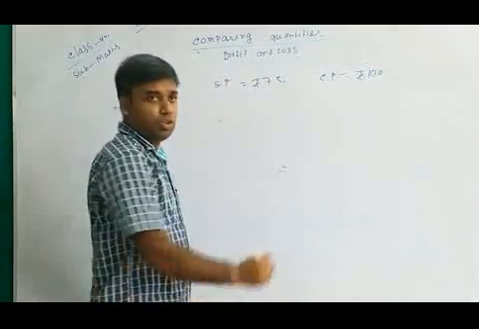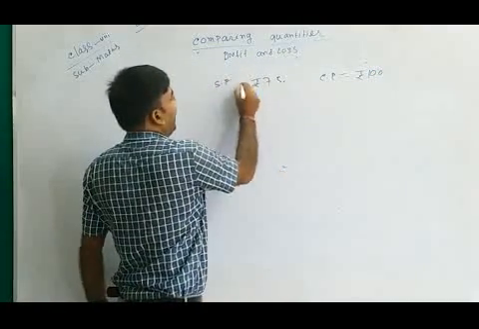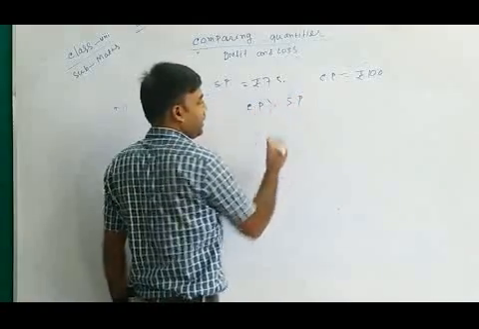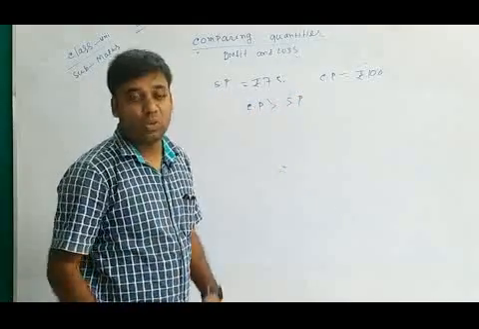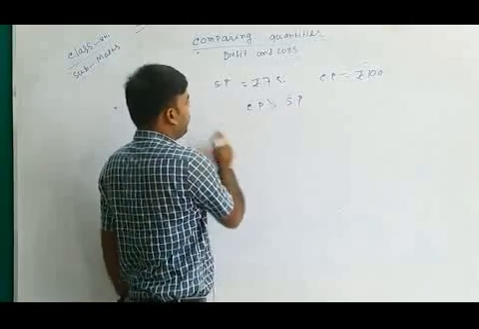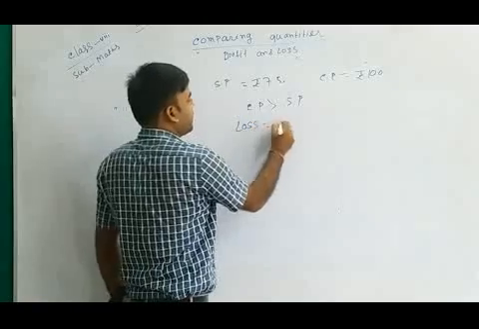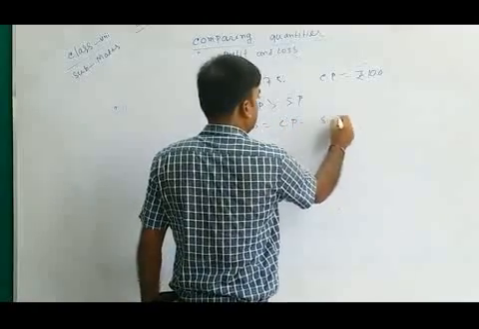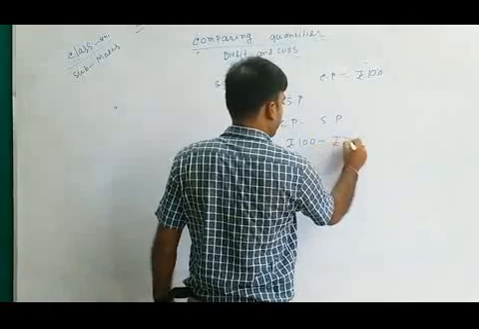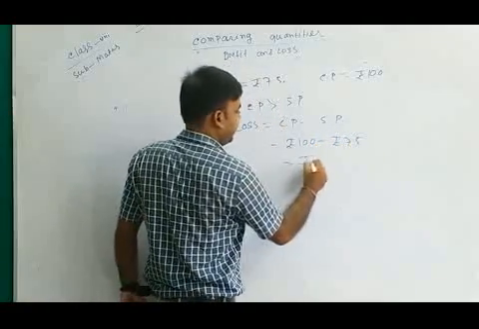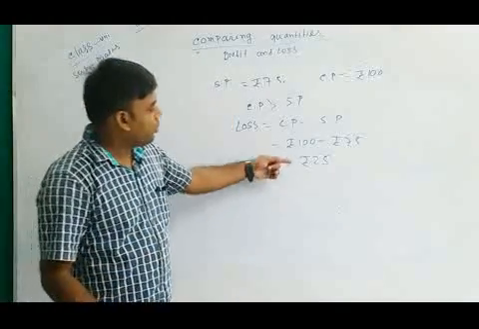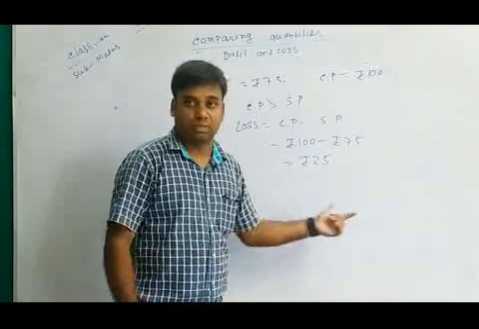As CP is greater than SP, we suffer some loss. Loss equals CP minus SP. CP is rupees 100, SP is rupees 75, so we suffered a loss of rupees 25.